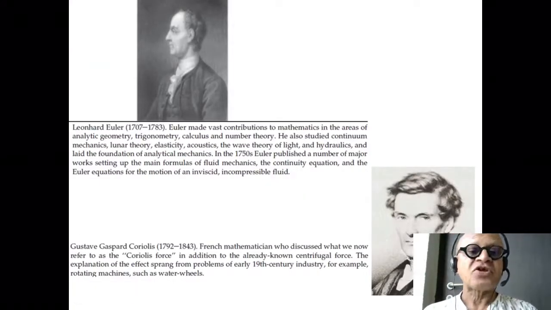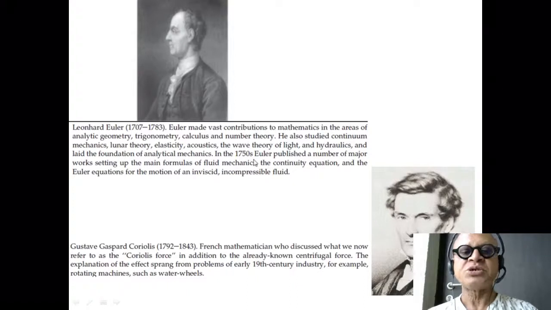A couple of historical characters who have played a big role in the equations we looked at. Leonhard Euler, obviously you would have heard his name in so many different contexts. Made many contributions to mathematics in analytic geometry, trigonometry, calculus, number theory, and so on.